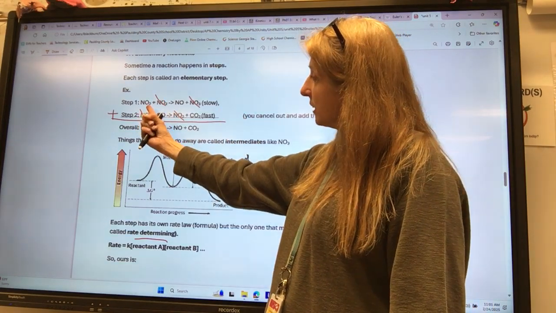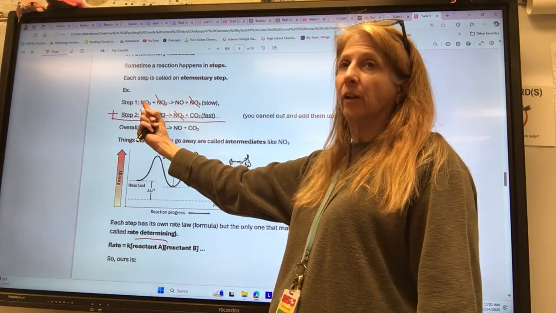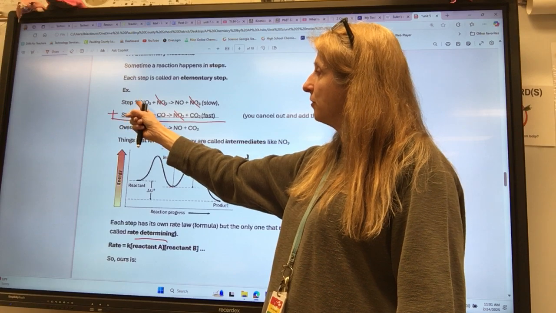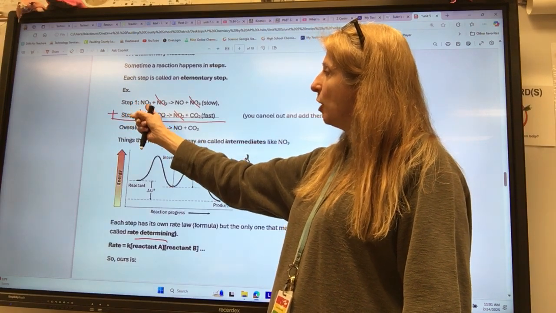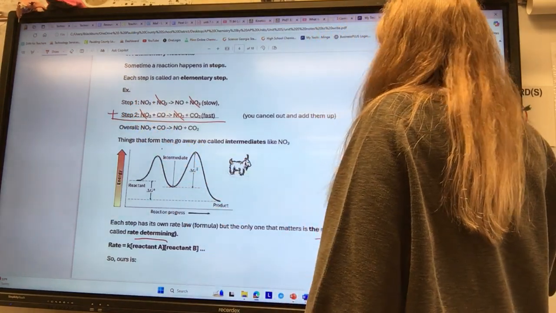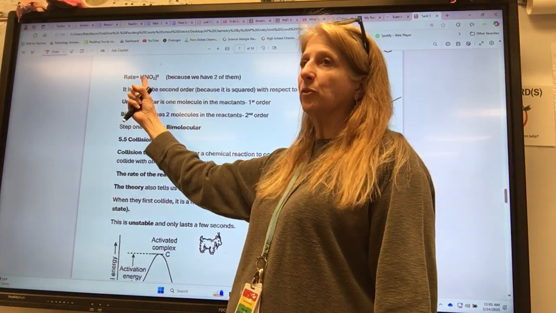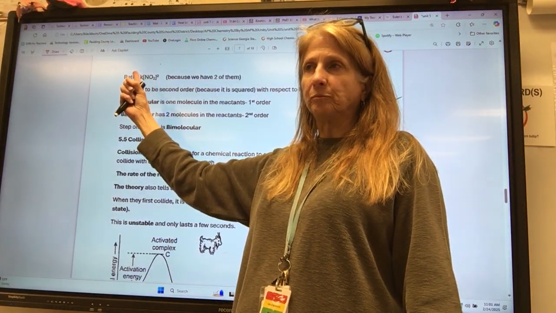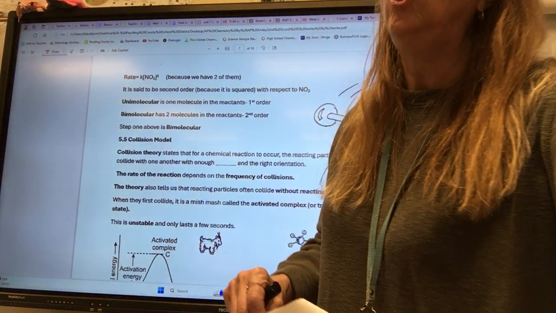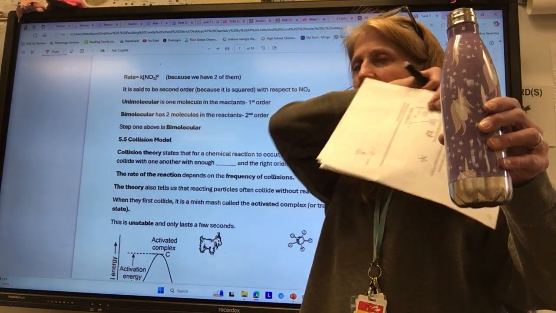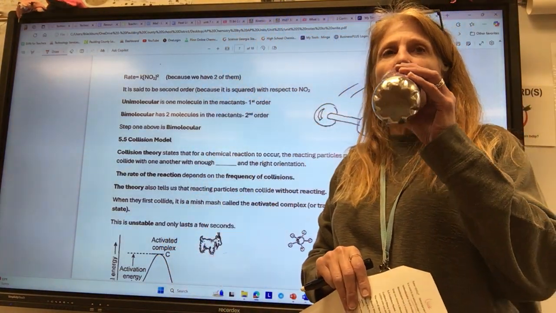And my reactant is NO2. So my rate is K times the concentration of NO2, but I have 2 of them. That's the rate for that reaction. How do we feel about that? You find the slow one and just write it.